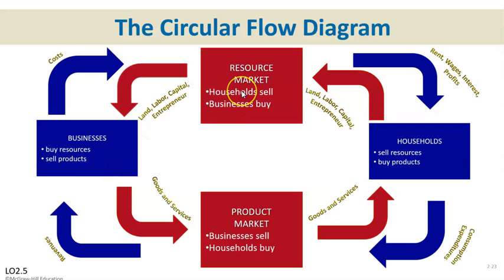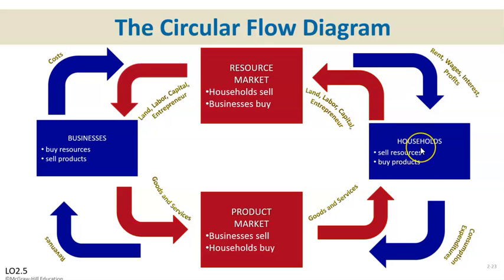Now, the other way that households and businesses interact is in the resource market. So we talked about our resources: land, labor, capital, and entrepreneurship. These are owned privately. So they're owned by the households. The households will sell the resources to the businesses to use. So think about labor for a second.